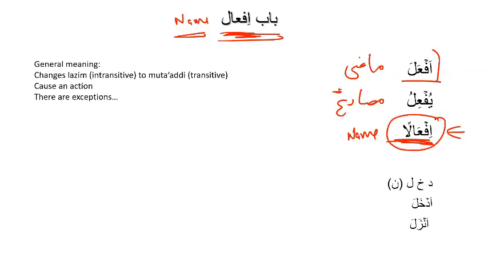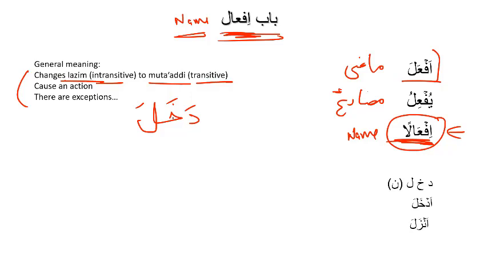All right, some examples now. Actually, before I go into the examples, let me just tell you what generally this does. Generally, this takes a fail lazim and converts it into mutta'addi. What does this mean? Lazim is intransitive, mutta'addi is transitive. This means verbs that don't require an object. So for example, dakhala, I entered. So I entered doesn't really require an object, or I stood up, I died, something happened to me.